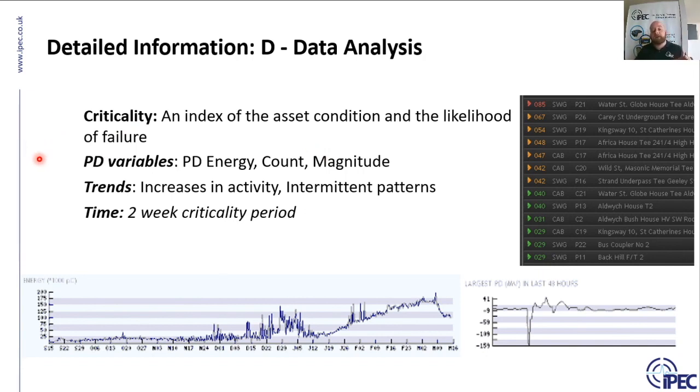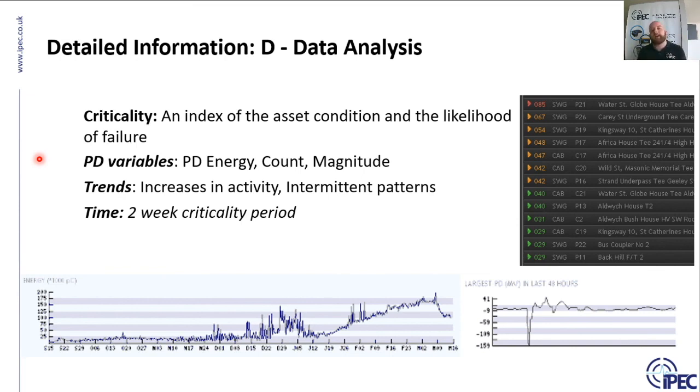Basically what that does is it looks at all the data it has available and it makes a decision on a criticality score between 0 and 100. What that enables our customers to do, because of course we have many customers, we're not looking at one asset or two assets, many customers where we're looking at thousands of cables, thousands of switchgear simultaneously.